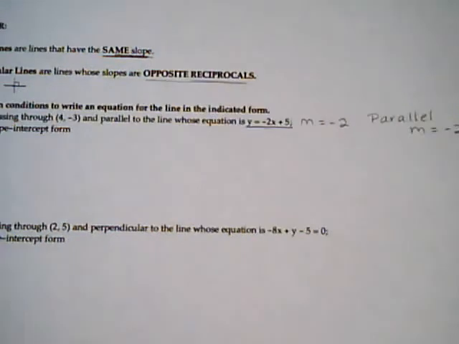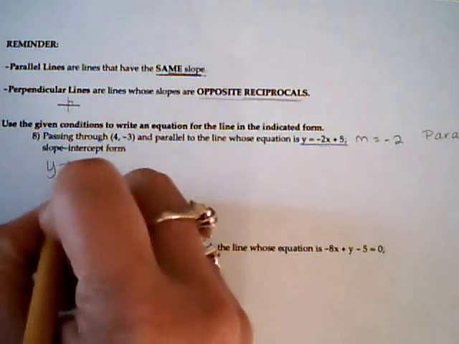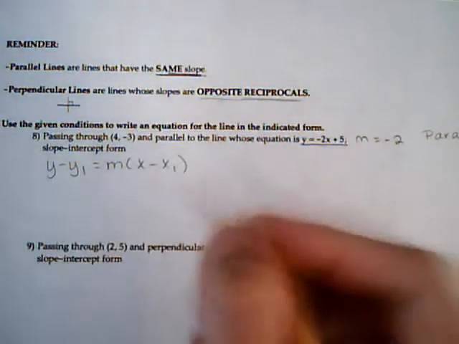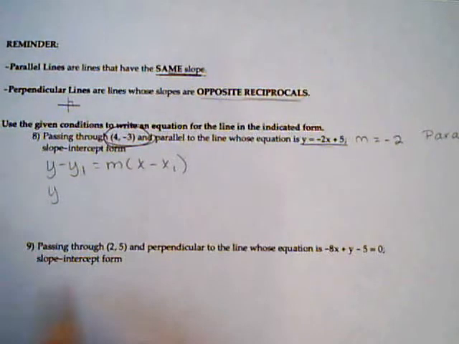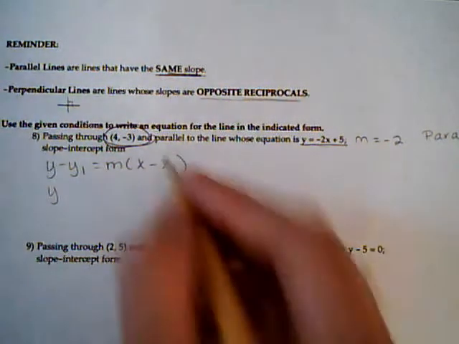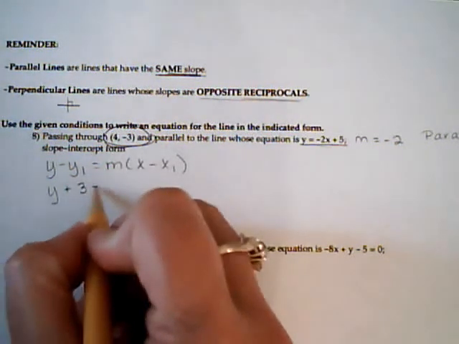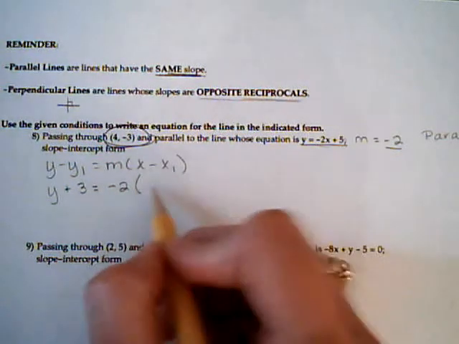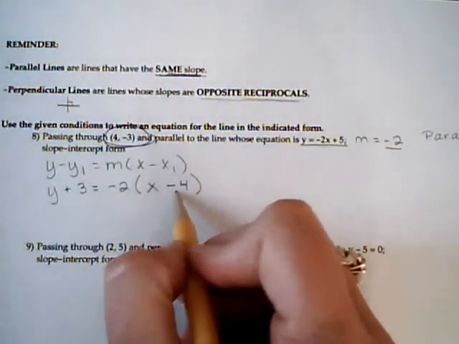So I would use the point slope form of the line, y minus y1 equals m times x minus x1. Use the point that's given in the problem as your x1 and y1. So I would have y minus -3, which would be plus 3, equals -2 for my slope, times x minus 4, so that's the x value of my point.